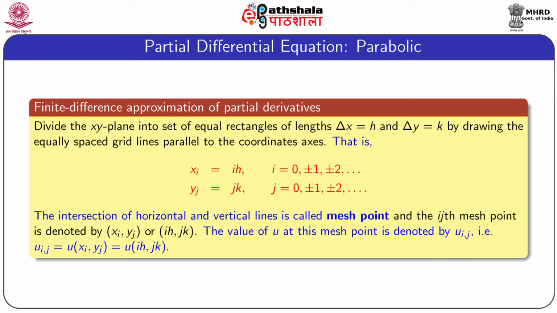The value of u at this mesh point is denoted by uij, that is uij means u at the point xi comma yj, which is equal to u at ih comma jk. Our problem is to find the values of u for different mesh points.